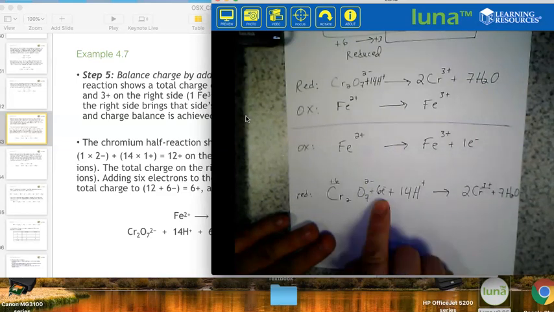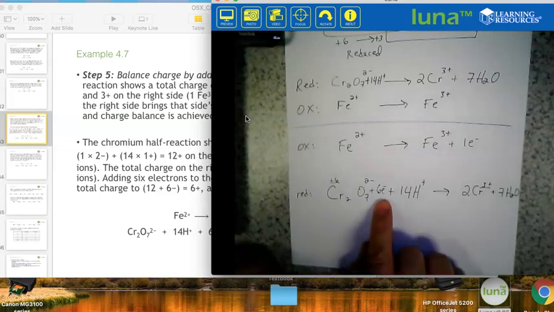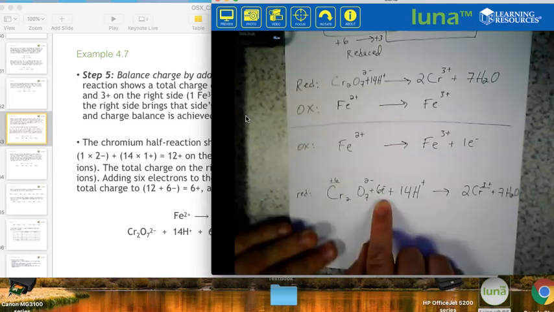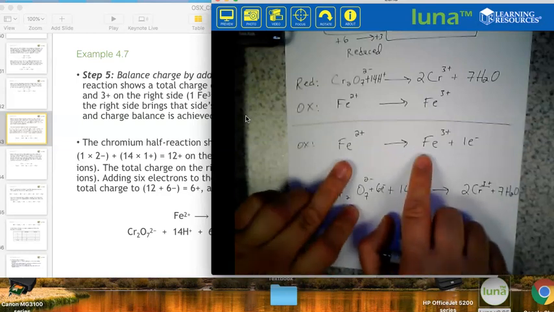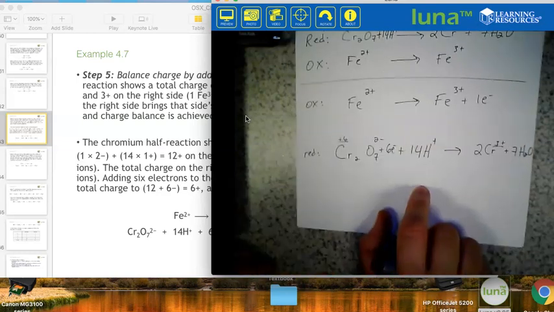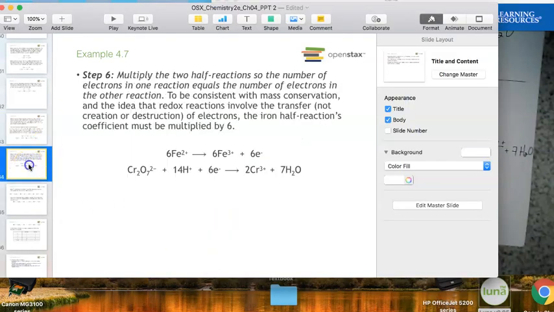That's the number of electrons gained by 2 chromium atoms in this reaction. So it's not 3 in this example, it's 6, because there are 2 atoms of chromium and not 1. That gives us step 5.